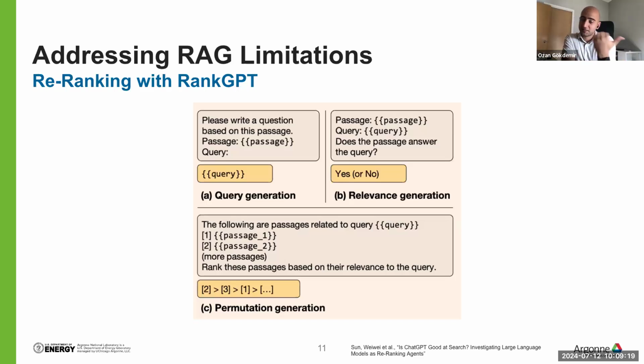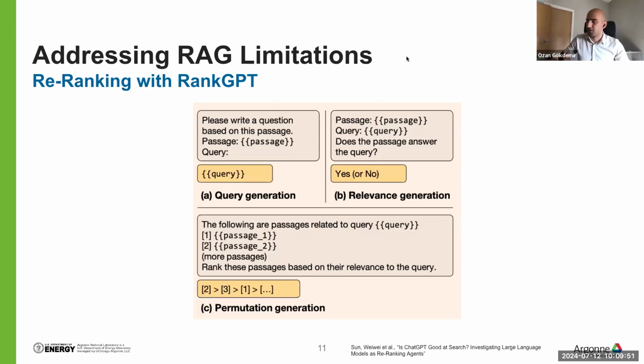You're trying to ask the original question, the user's question, based on the passage. So you generate 5 questions from each retrieved passage, okay? And then you compute the generated questions' distance to the original question. And you sort based on that, and however many you can afford to use, you use the top n, okay? That's option 1.